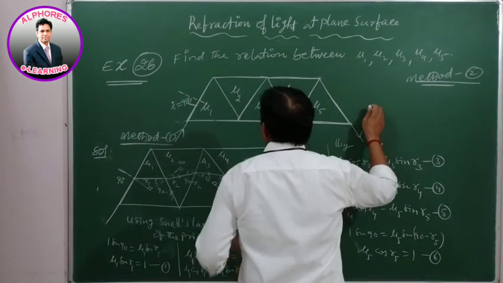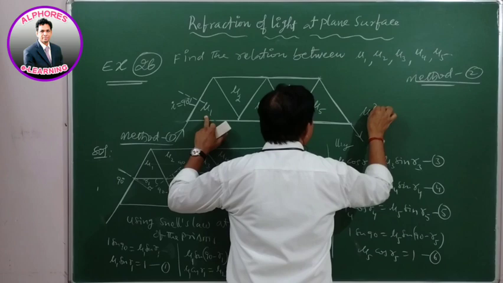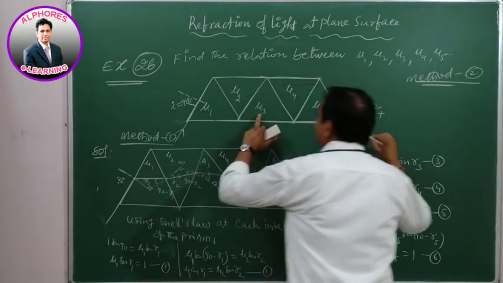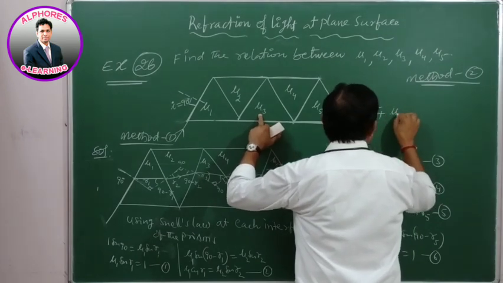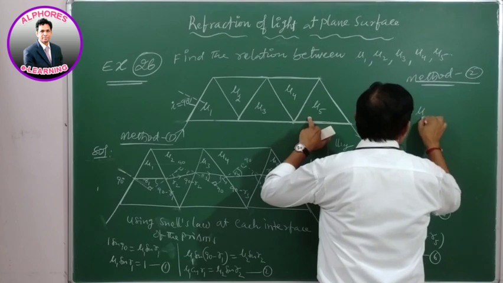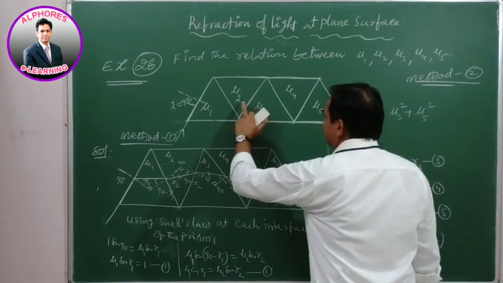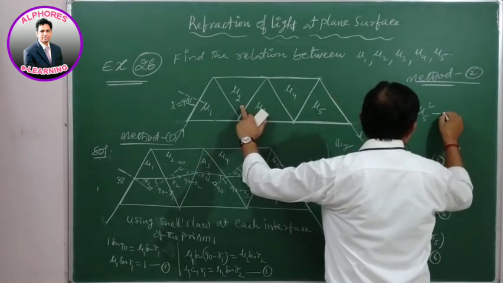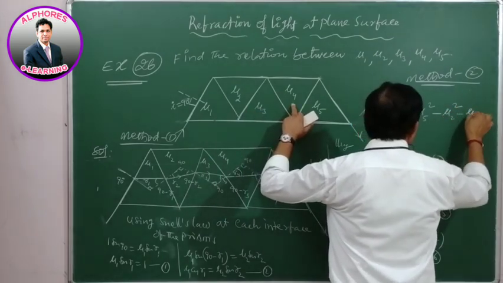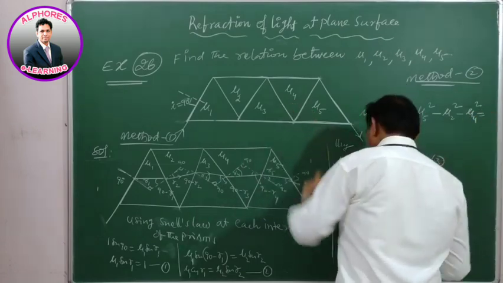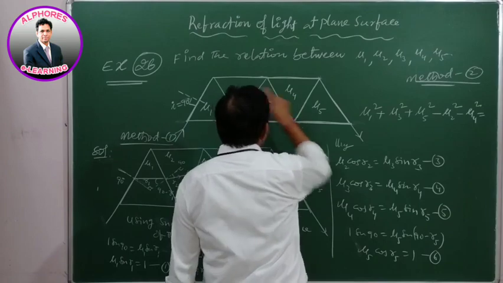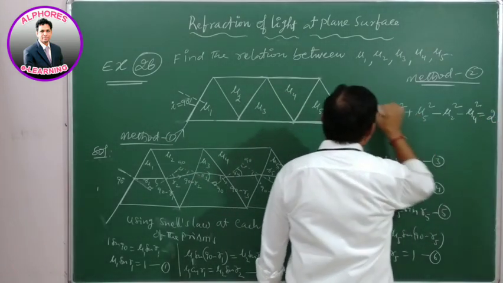See here, mu1 is erect, mu1 square, plus mu3 erect, mu3 square, plus mu5 erect, mu5 square. Next, it is reversed, minus mu2 square. It is also inverted, minus mu4 square is equal to the total number inverted. How many are inverted? 2 prisms are inverted, therefore 2. This is your answer.